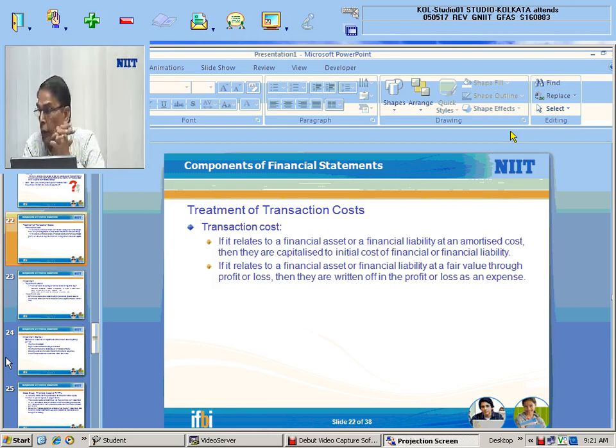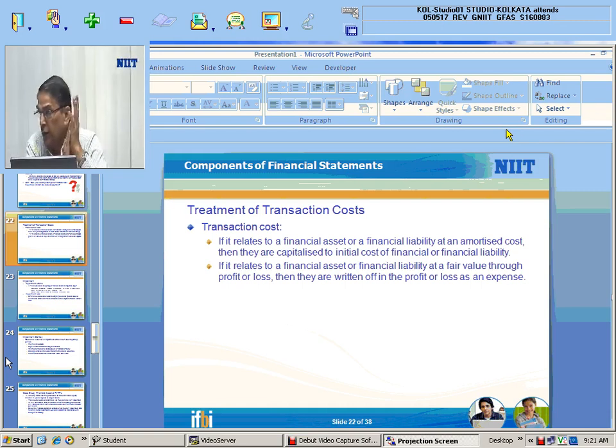Thank you, Rutiparna, for providing the correct answer. So this is the treatment of the transaction cost. It will be debited to the profit and loss account. It will be charged to an expense account, and through that expense account, ultimately it will get charged to the profit and loss account.